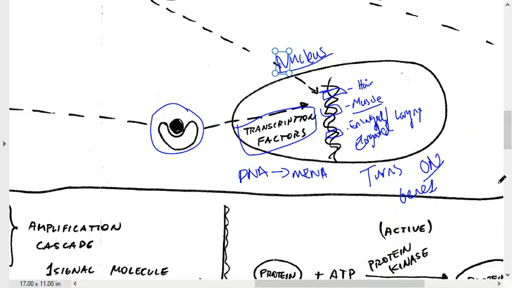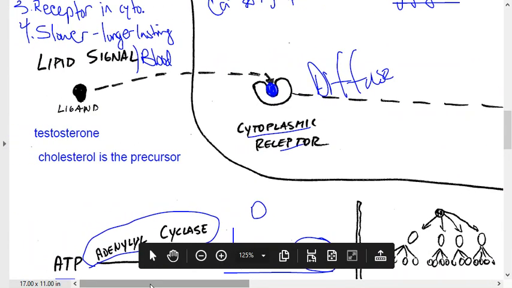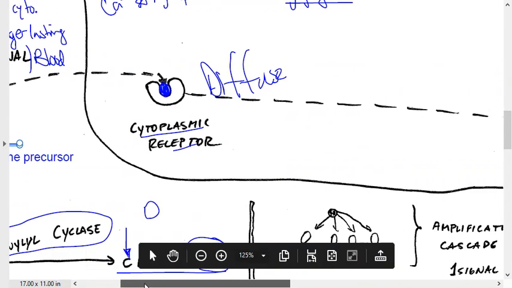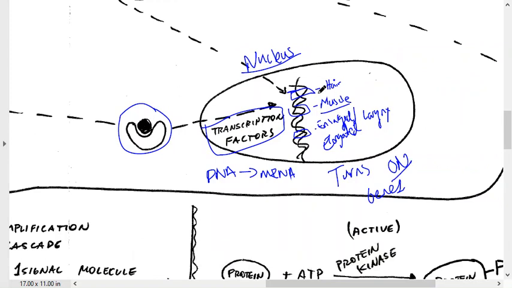So again, the whole point is that these lipid hormone signals, remember these are hormones, testosterone is a hormone, can diffuse directly through the membrane and attach to its receptor. In this case, testosterone acts on the nucleus, and depending on whatever genes it activates, it can change muscle mass, the amount of hair, and other factors.